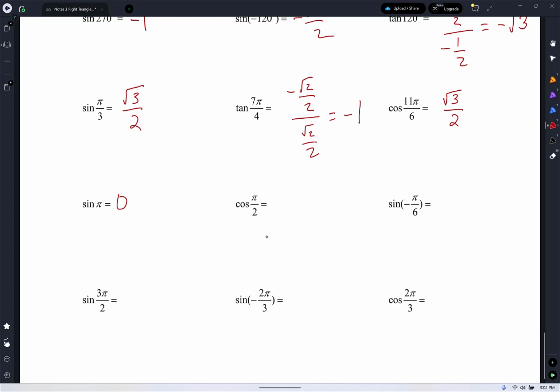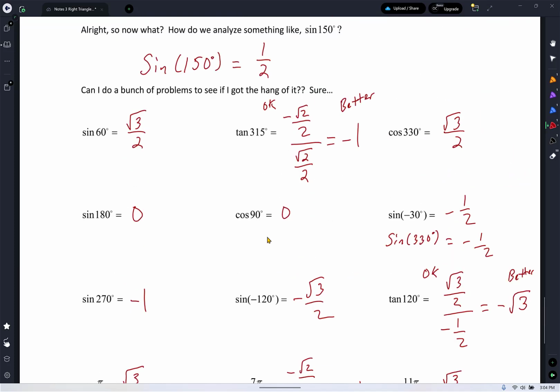Cosine of pi over 2. 0. Sine of negative pi over 6. -1/2. Sine of 3 pi over 2. -1. Right? Okay.